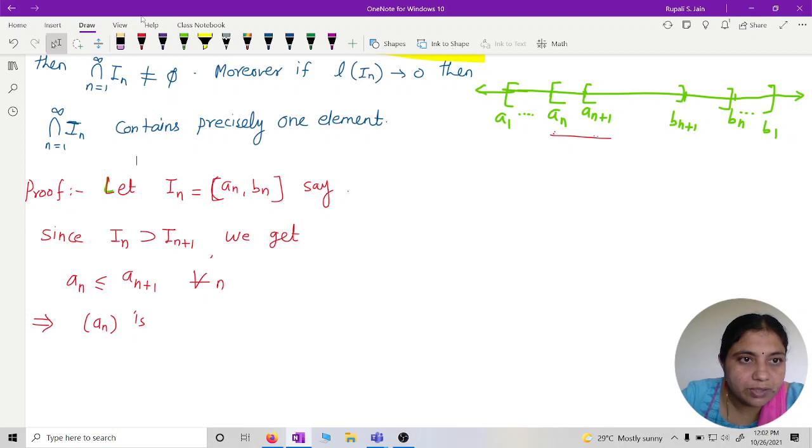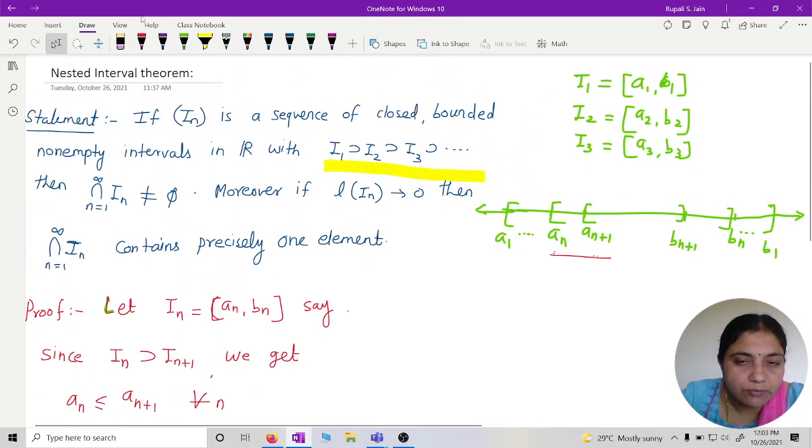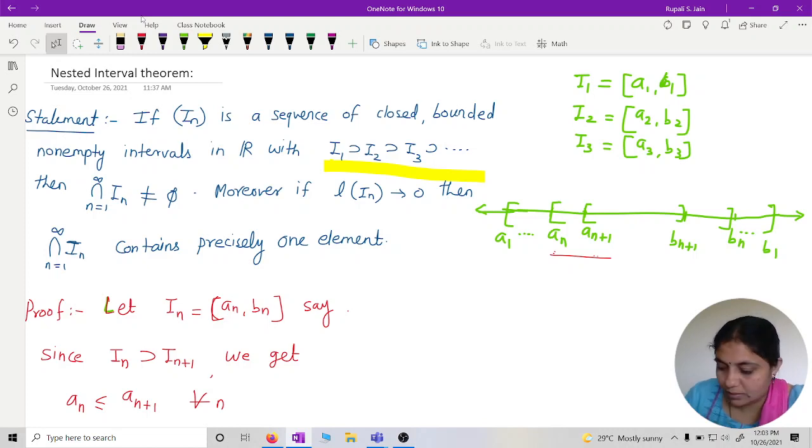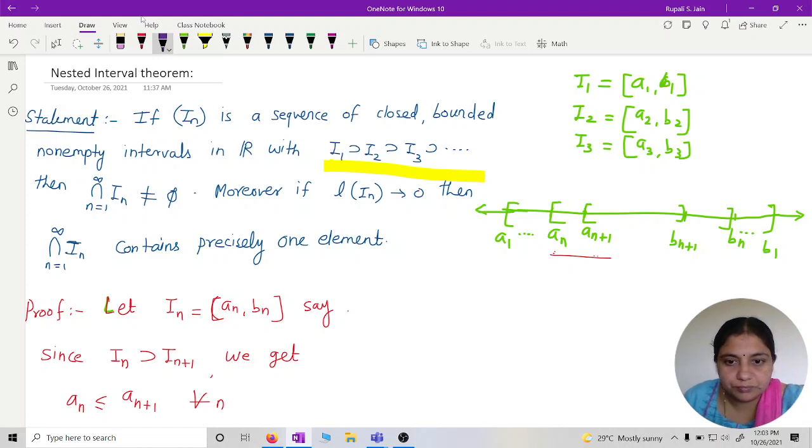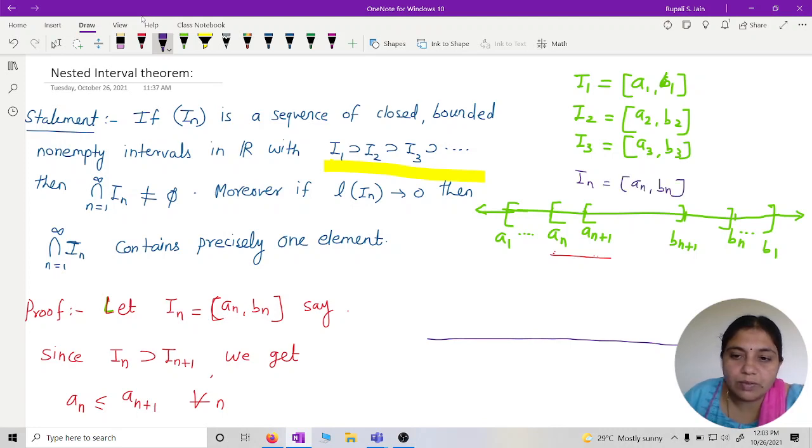See, what is the statement and what we want to prove? We are given only a sequence of intervals. How are the intervals? Closed, bounded and non-empty intervals. And how is that sequence of intervals? It is a decreasing sequence. Again I will draw it. If I say In is equal to An, Bn, then where will be A1, B1? This is my I1, the biggest interval.